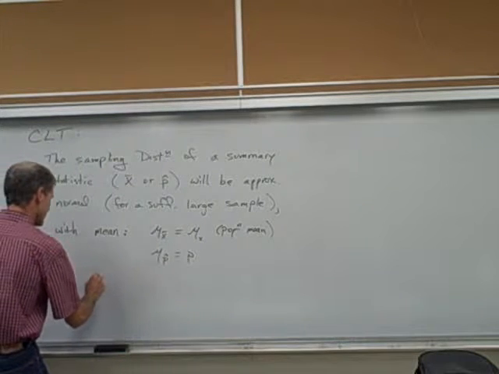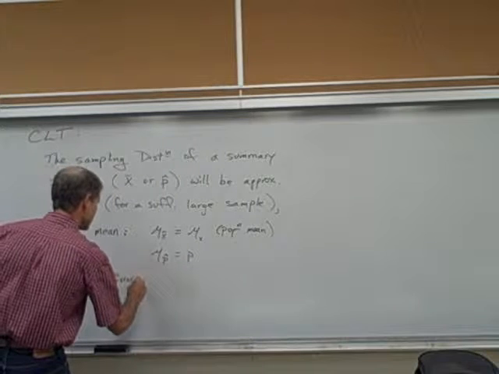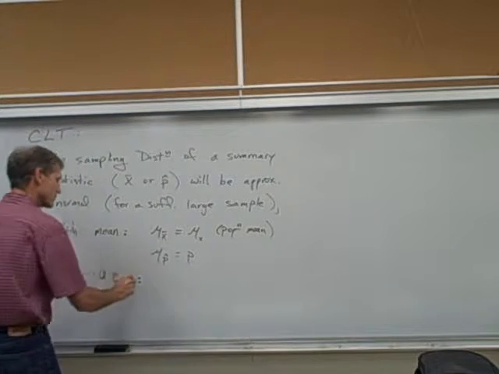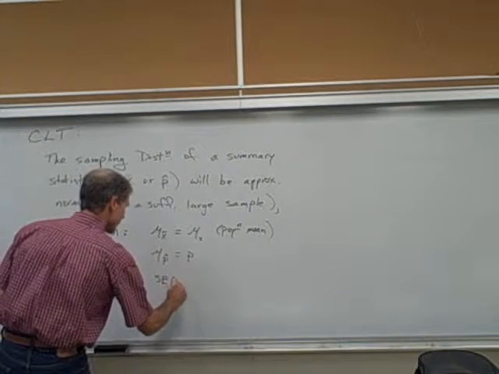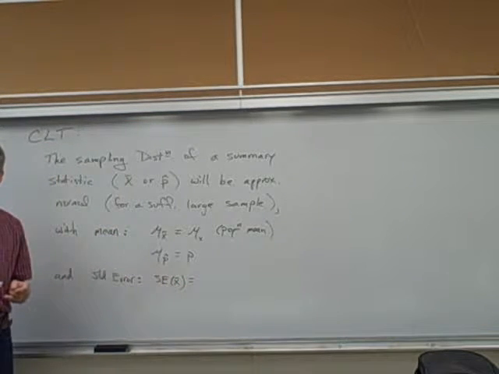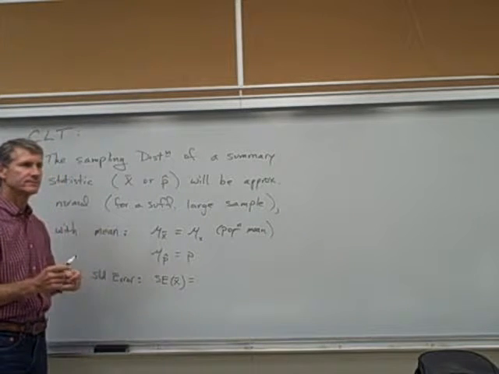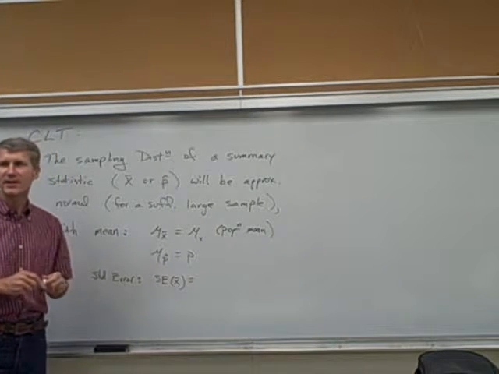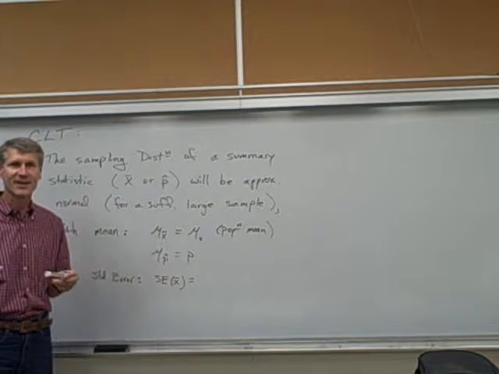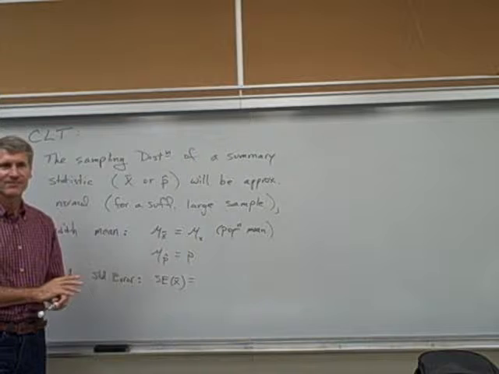Okay. And the last thing, standard error. If it's a means problem, the standard error of x bar is equal to what? I see everybody frantically writing, trying to get all this down. It should already be in your notes from last time. This is review, right?